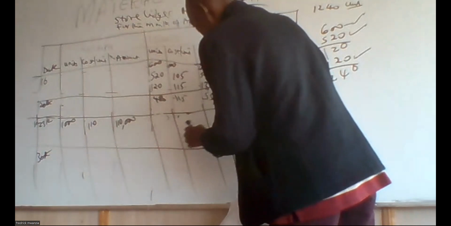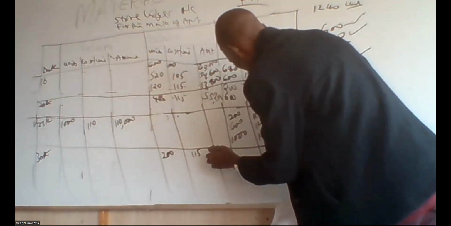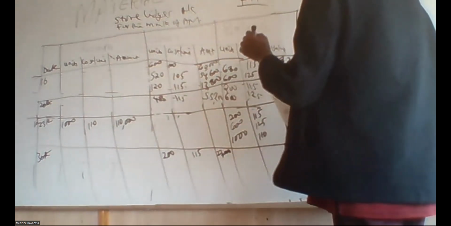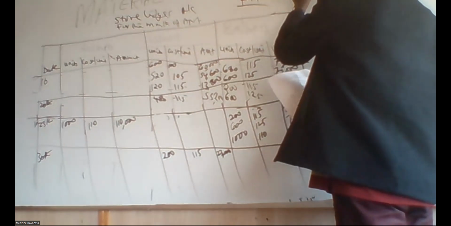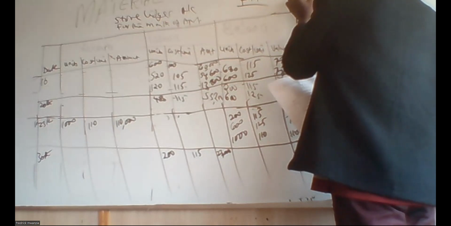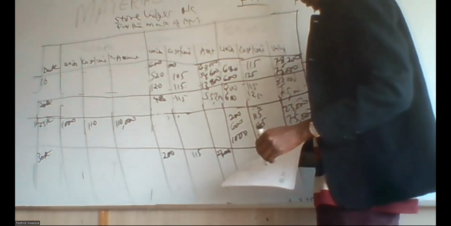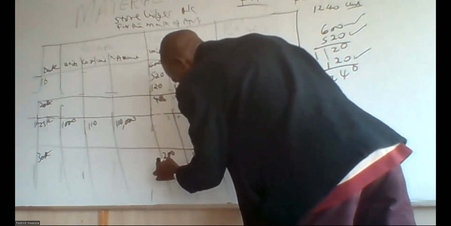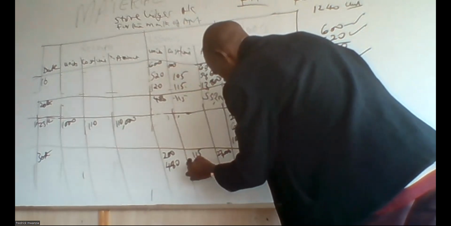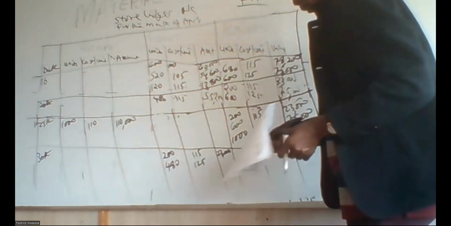We are issuing the 200, which is 23,000. Then, because we were issuing 760 and we reach 200, we are remaining with 560. So from the second consignment, you're going to get 560. It will be 560 times 125.